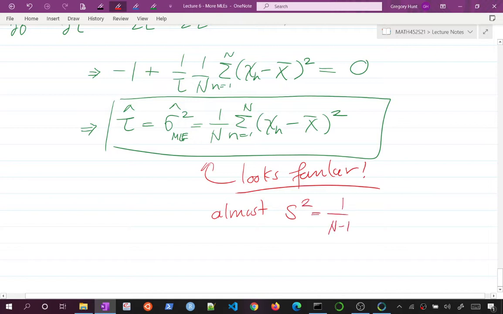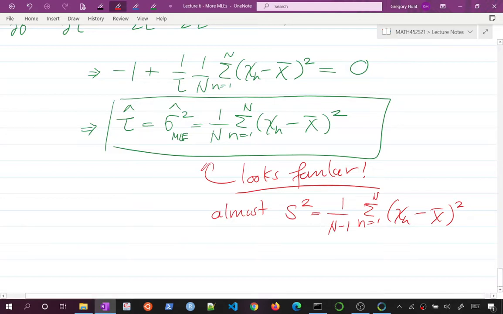S squared had a 1 over n minus 1. So it's like s squared, but instead of 1 over n minus 1, it has a 1 over n. So the MLE for sigma squared is not the same thing as s squared.